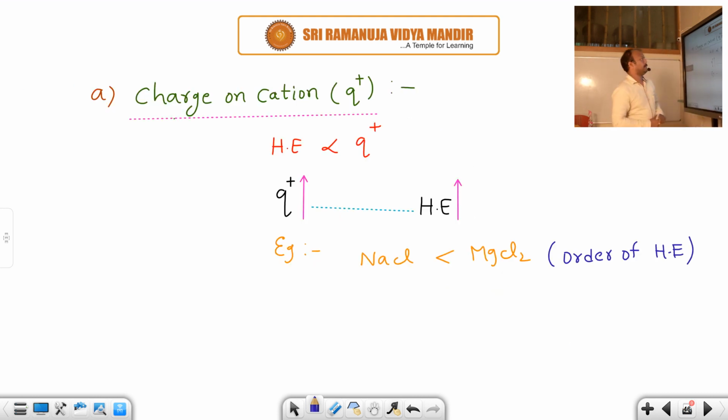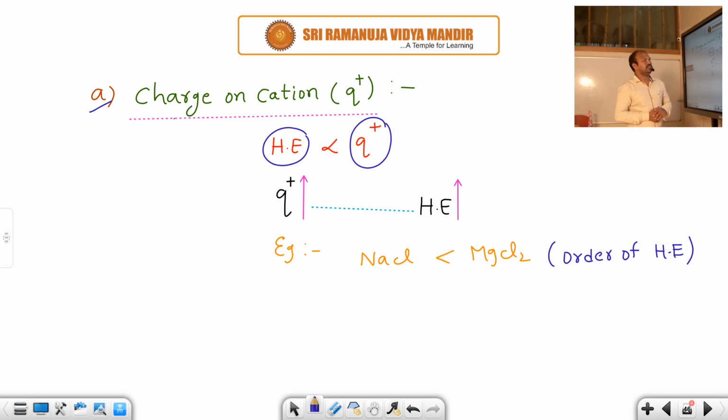Take a look here. The first one, case 1, is the charge on the cation. Whenever the cation charge increases, hydration energy increases, because hydration energy is directly proportional to charge. You know very well, when one variable increases, the other increases in proportionality.